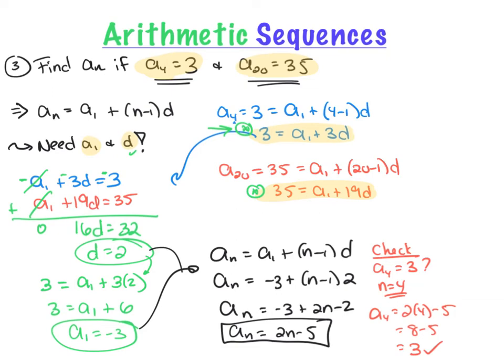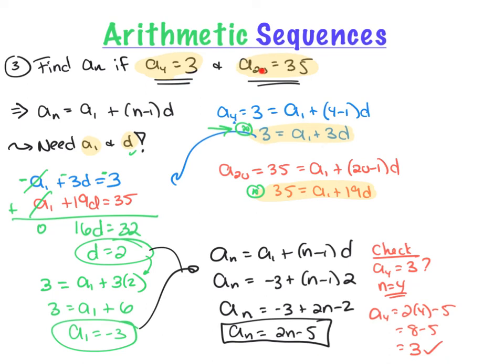So quickly to recap what we did here, if we're given 2 entries in our sequence, we want to find A1 and D so we can use our formula for an arithmetic sequence, AN equals A1 plus n minus 1 times D. Plugging in n equals 4 and A sub n equals 3, A4 is 3 means A1 plus 4 minus 1 times the common difference D. We get one equation with A1 and D unknown.